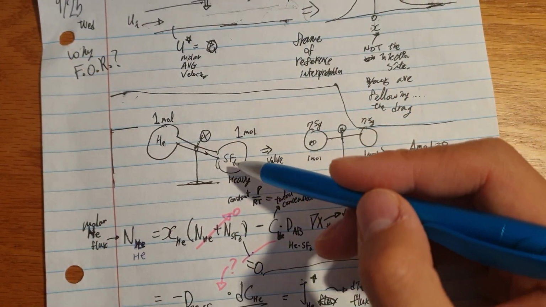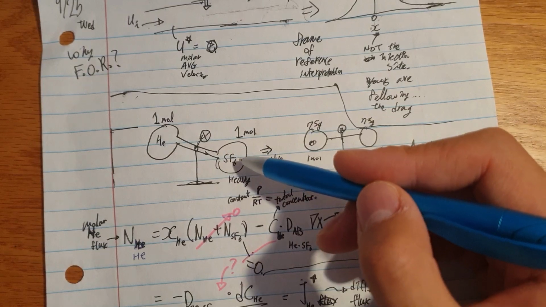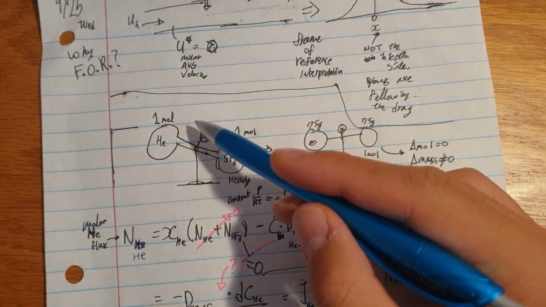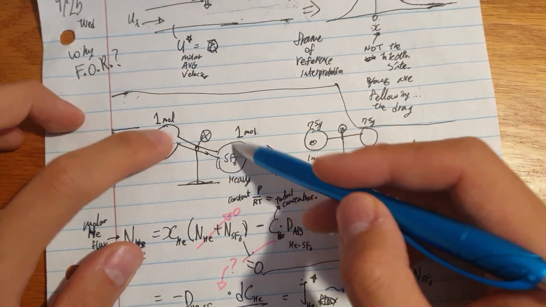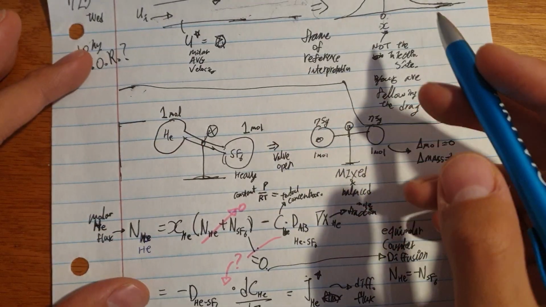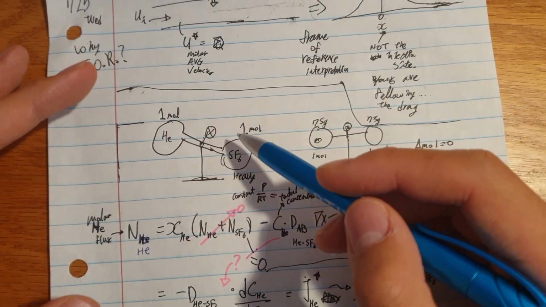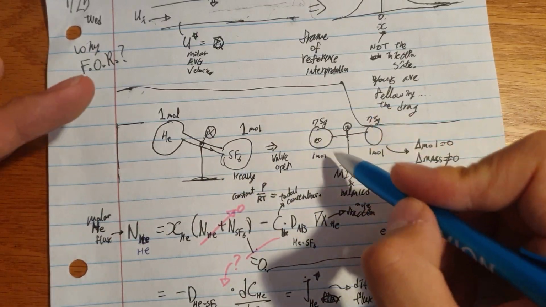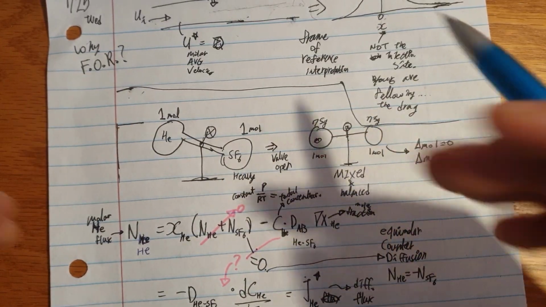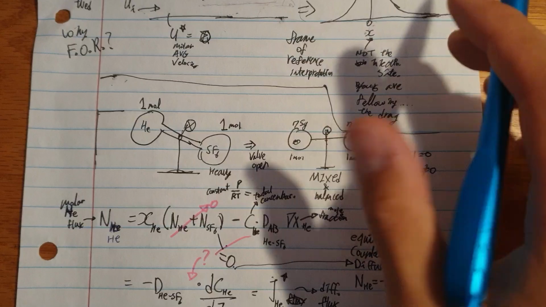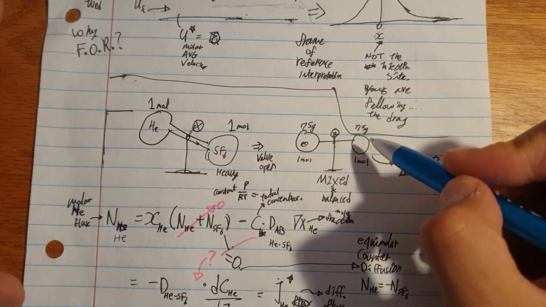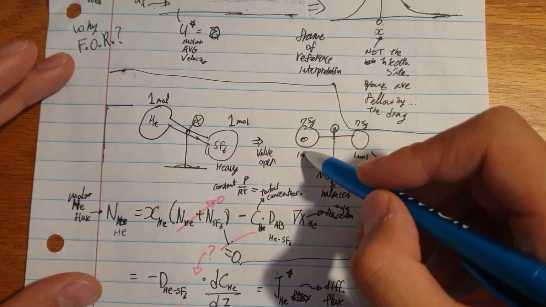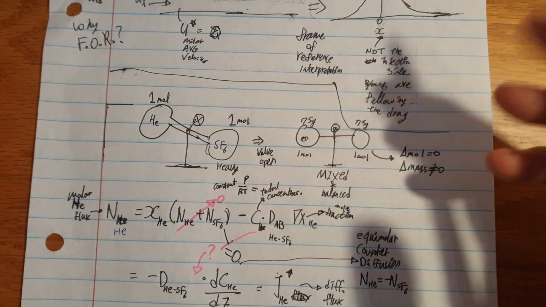As you can see, sulfur hexafluoride is a lot heavier than helium, so the scale is tilted toward the SF6. But when we open the valve, through diffusion the scale will eventually be even, or balanced, where in total there's 1 mole of each molecule.